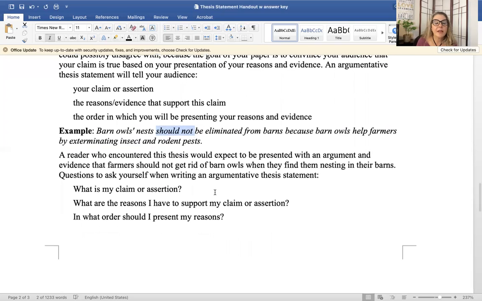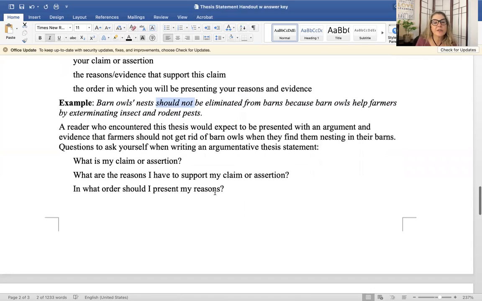And then lastly here, a reader who encountered this thesis statement would expect the writer to give evidence on how barn owls help the farmers, by eating insects and rodents and so on, okay?